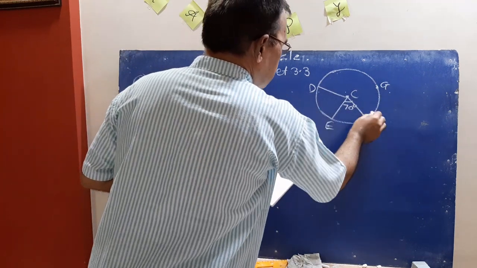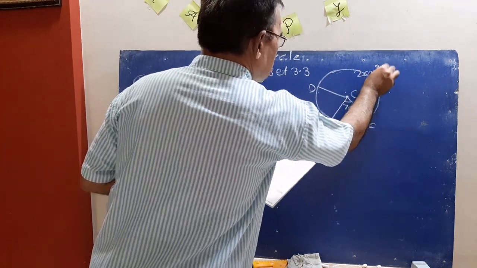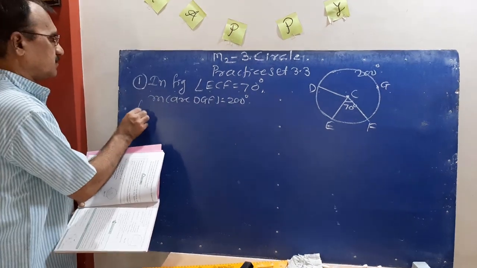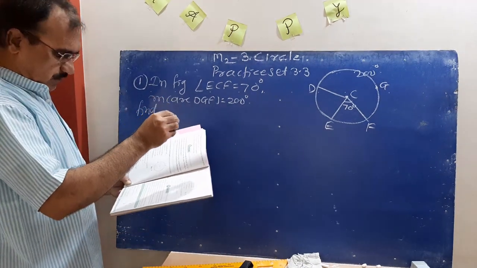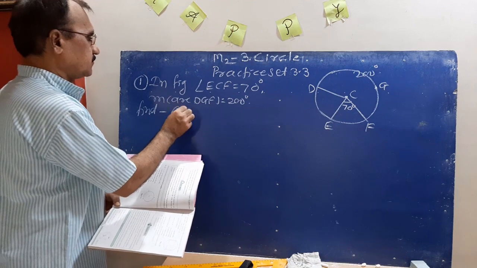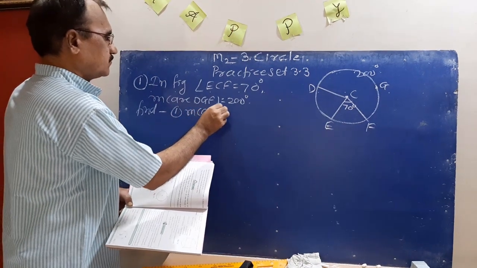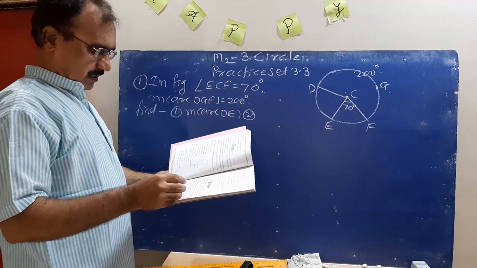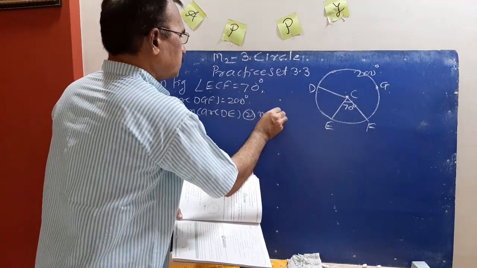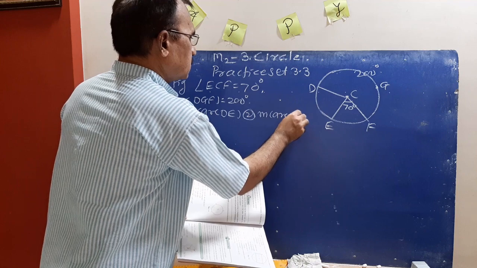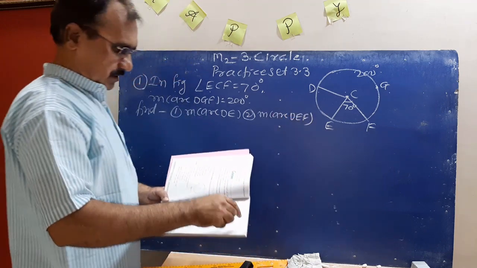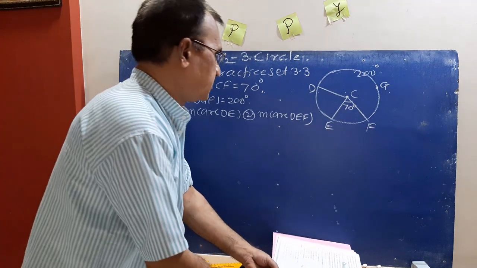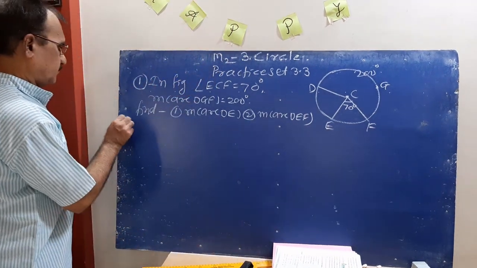This means arc DGF is 200 degrees, and then find what we have to find: measure arc DE, and second one, measure arc DEF. See how you can find.